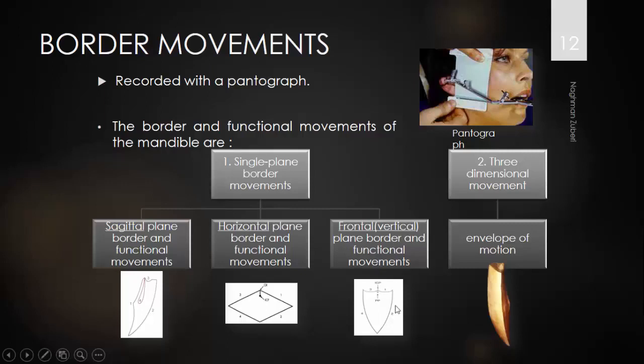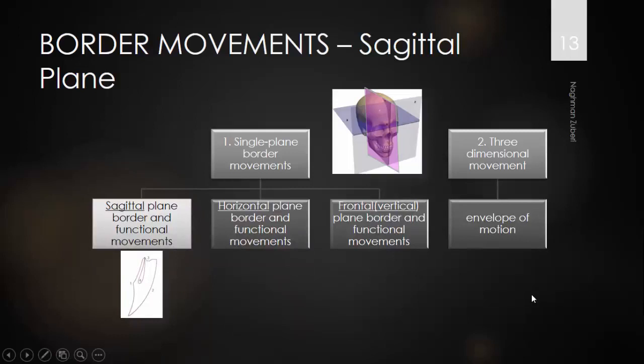And if we see it in 3 dimensions, then there is a whole envelope of motion, described by Posselt, also known as Posselt's envelope, it is over here. Border movements, the sagittal plane border functional movements.